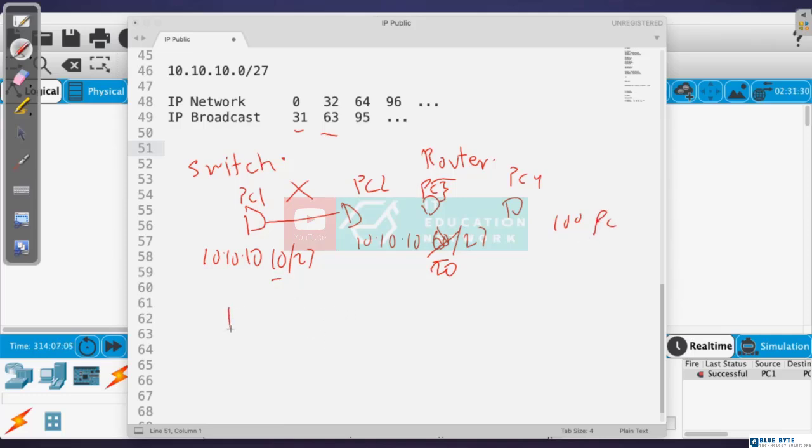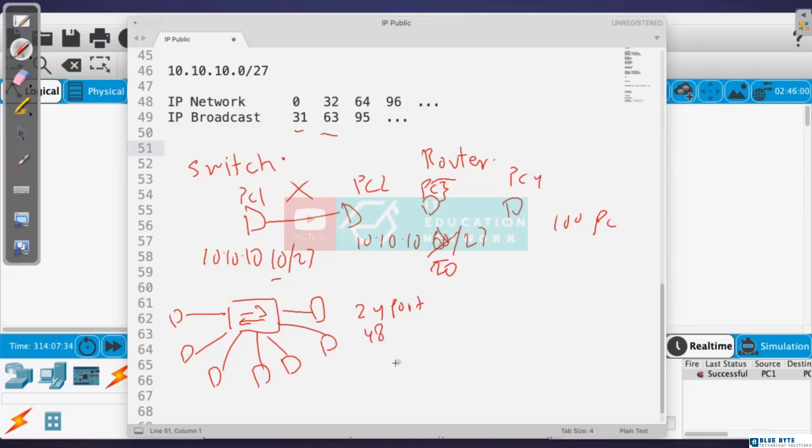So here, we can put a switch, and then all of the computers can connect to a switch. How many computers can connect to the switch? This is based on the ports in the switch. Some switches have 24 ports, and some other switches have 48 ports. All of these PCs that are connected to the same switch must be in the same block subnet. So, all of the PCs can communicate with each other.